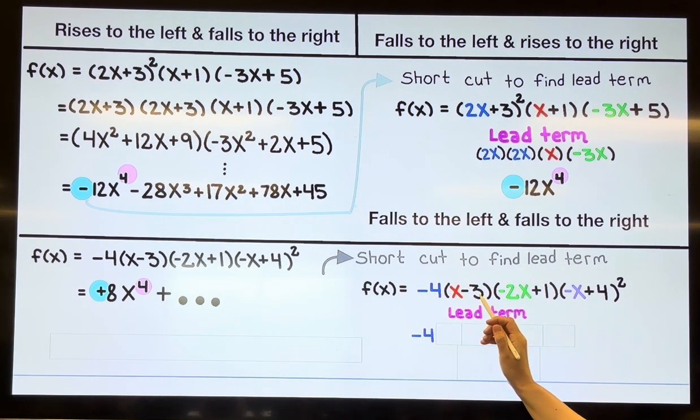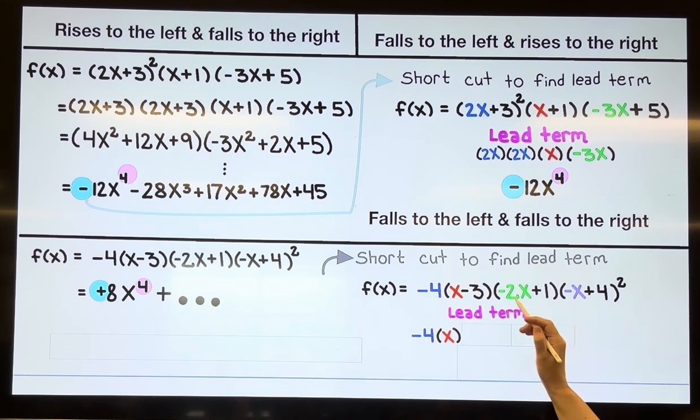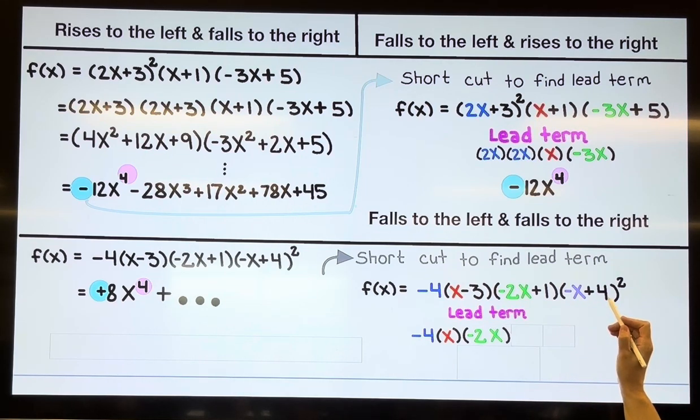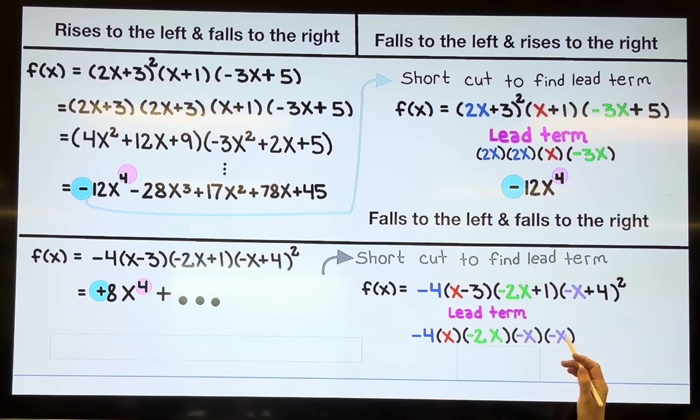And then in x minus 3, x is there in the front, and it's to the first power, so it's just going to be a single x. Negative 2x plus 1, negative 2x is in the front, and it's to the first power, so it's just one of those. And then negative x plus 4, negative x is in the front, but it's to the second power, so there's a couple of those negative x's.